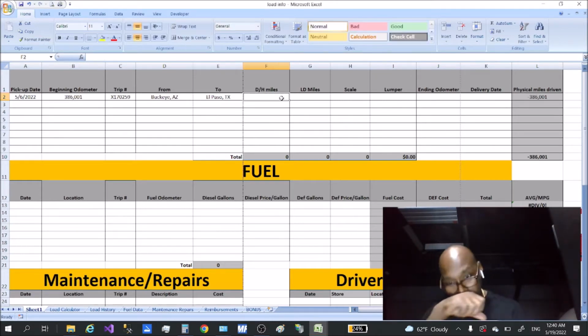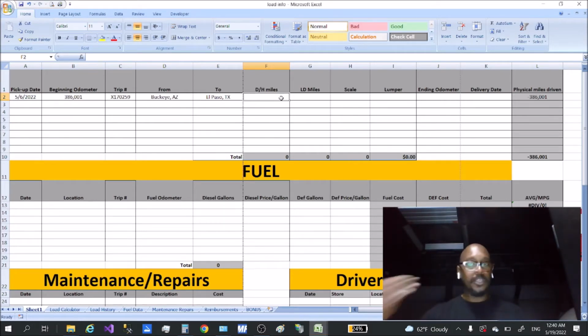My deadhead miles. What deadhead miles means is that whenever you're driving to your destination to pick up a load, but you don't have any freight in your trailer. So I need to go from where I emptied out to a place to pick up my next load.